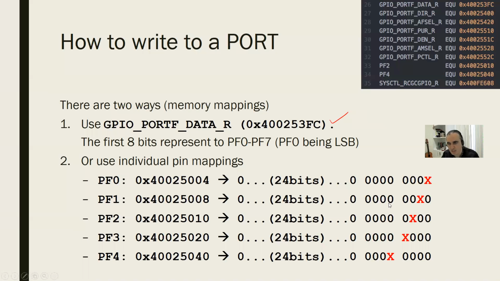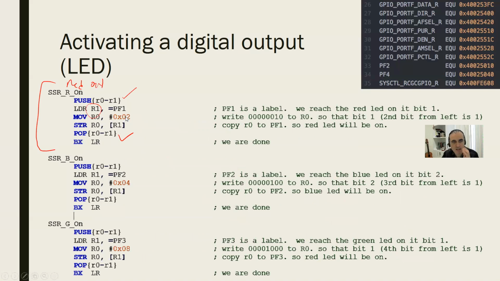There are different mappings for data registers, guys. And you write 02, which is 00000010, because that's the red on port F. You write this value to R1 and it becomes 1. And after this line, the red LED will be on.